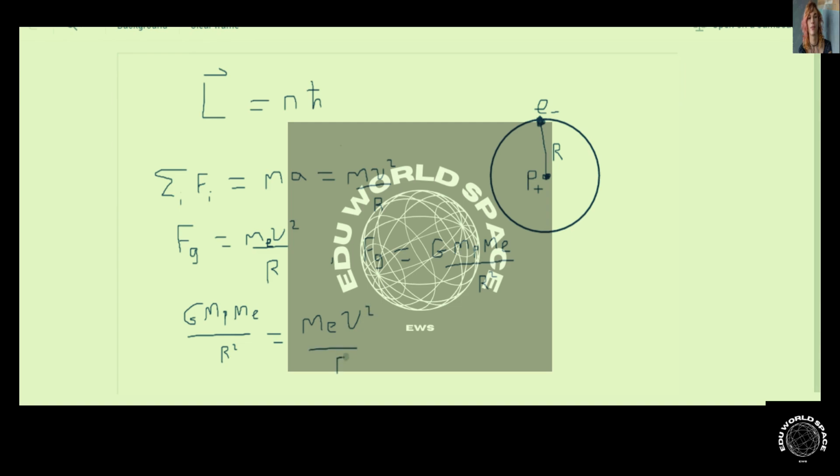A nice cancellation will happen here, and we end up with the following. The r cancels with r, and m_e cancels with m_e, and we end up with v squared, let us leave it as squared here, equal to G m_p over r. Wonderful. We will box this relation here. Now we have an expression for the velocity.